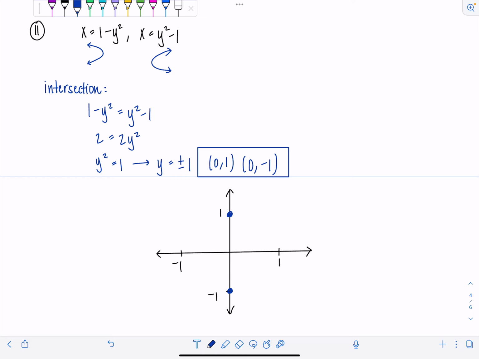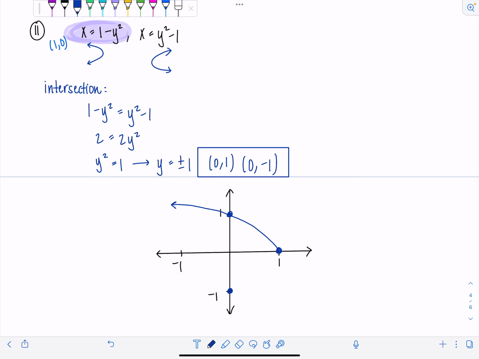And then if you want to find the vertex, you could, or I could just look at it here. Like if y is 0, let me show you. If y is 0 on this parabola, x is 1. That's here, and this one's opening in the negative direction. How do I know?